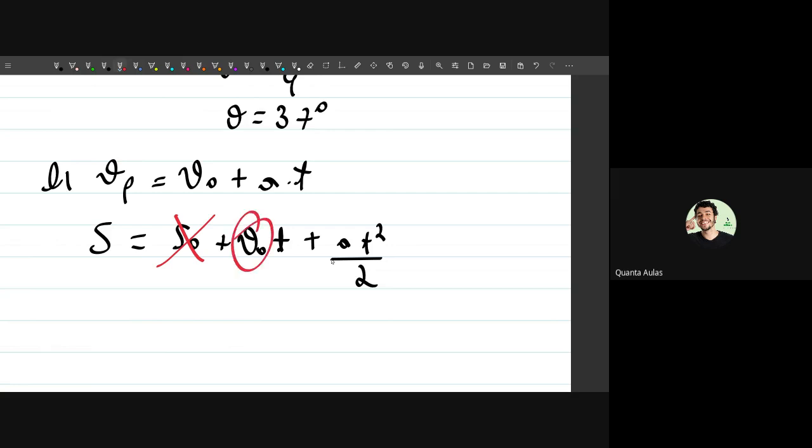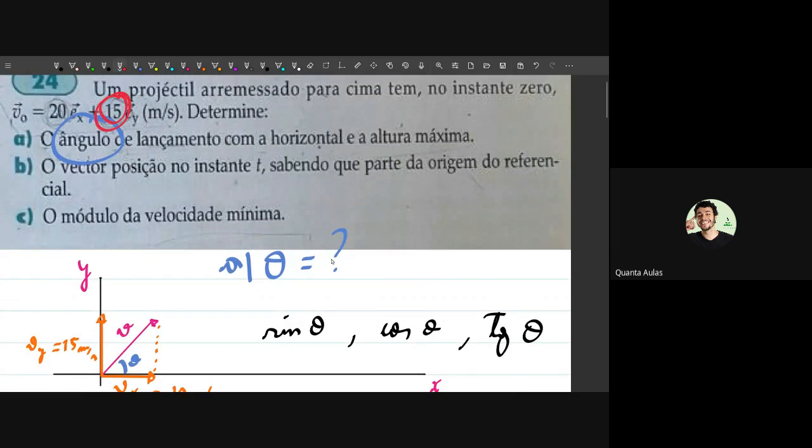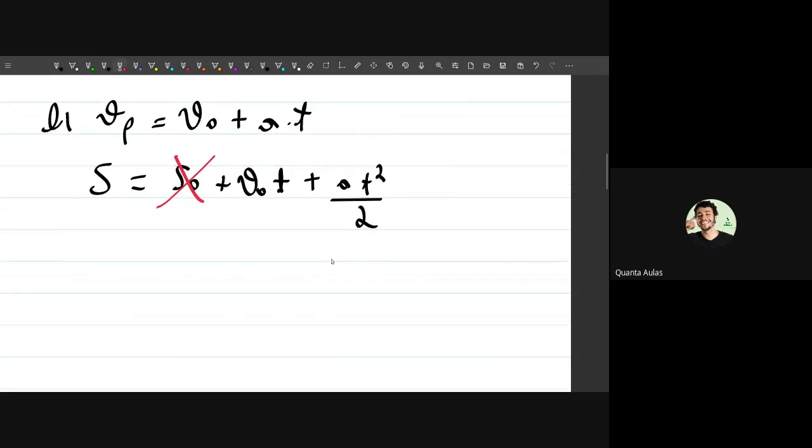The initial velocity, you have it because we read the question. So this value here, okay? And you have the acceleration because you have the gravity. It's minus 10, okay?